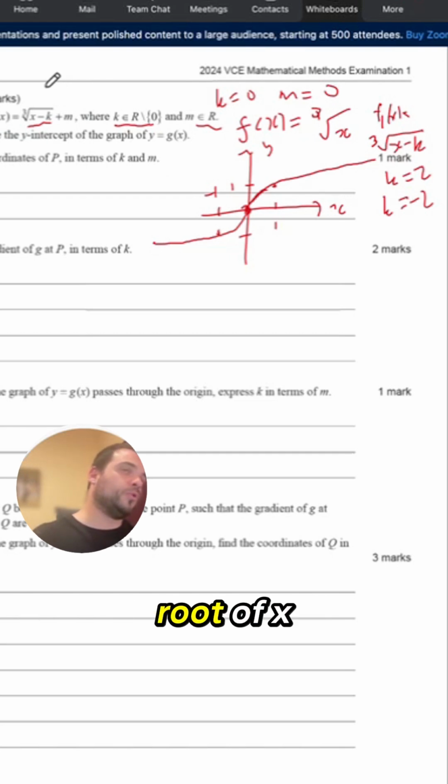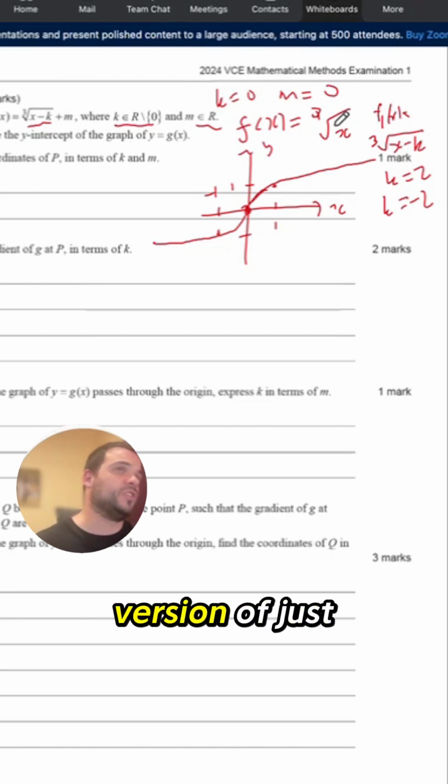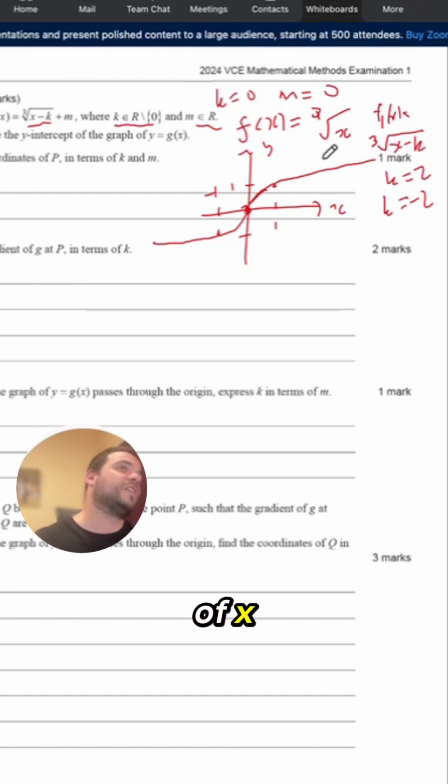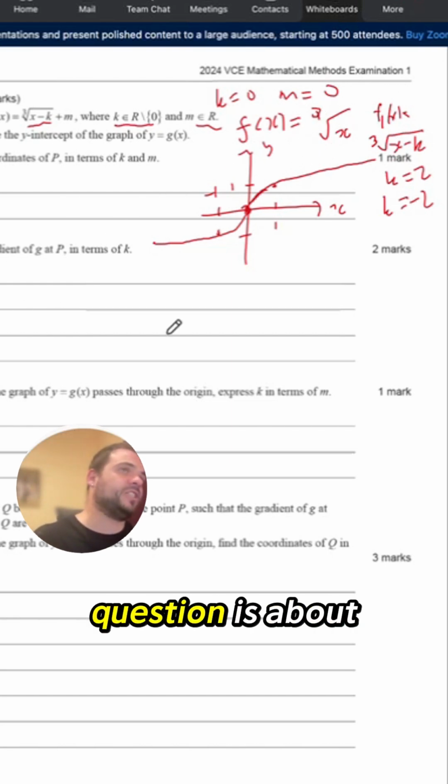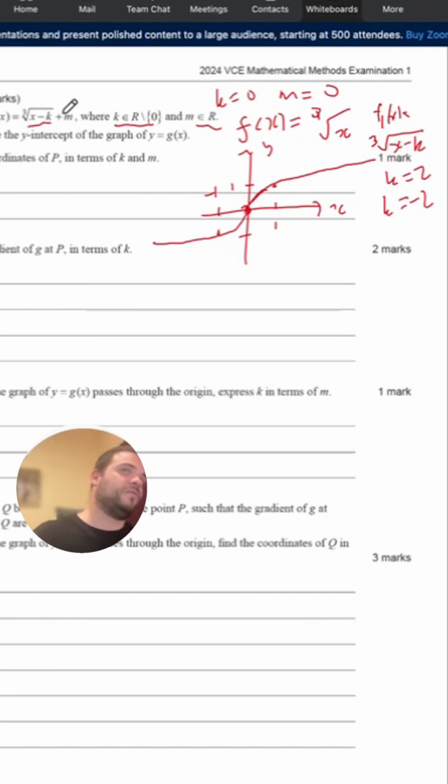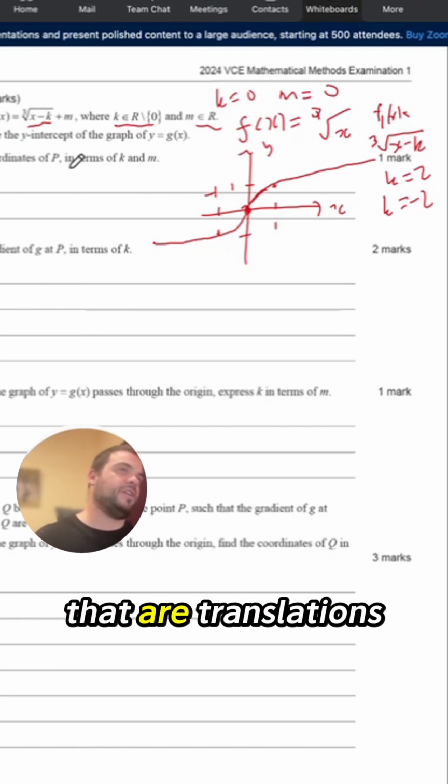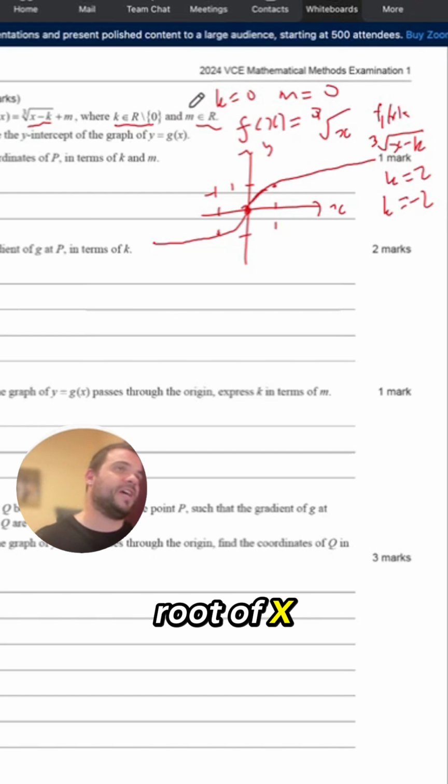So the cube root of x minus k plus m is just the cube root of x moved right and left and up and down. It's a translated version of just the cube root of x. So this entire question is about functions g that are translations of the cube root of x. Once we have that in mind, the rest of the question is actually quite easy to understand.